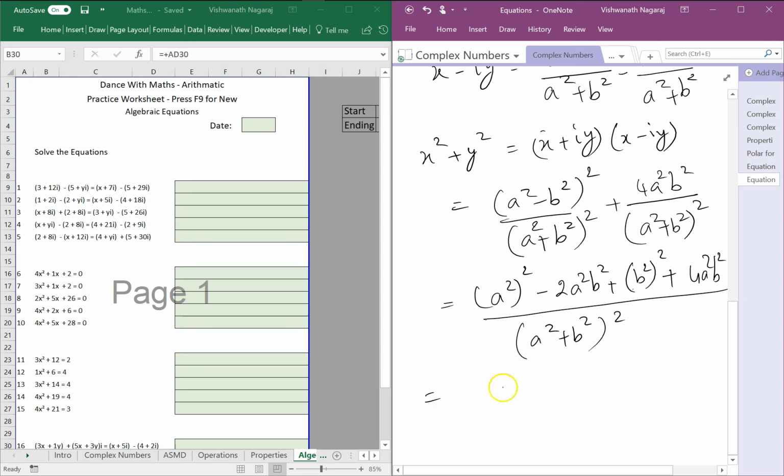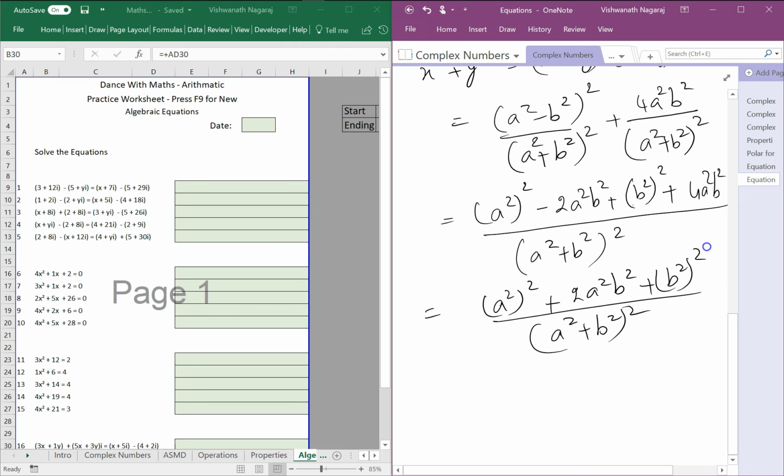Okay, now let's say (a square) the whole square plus 2a square b square plus (b square) the whole square by (a square plus b square) the whole square.